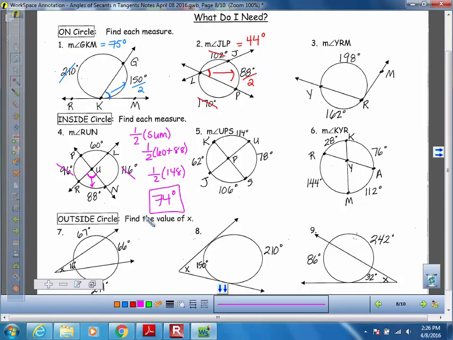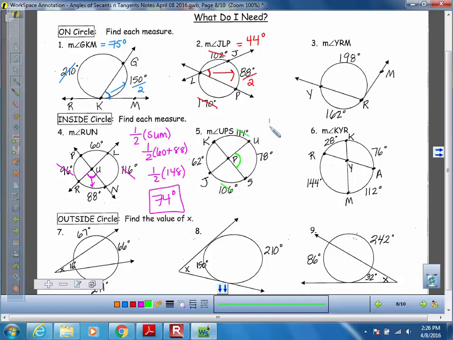Is everybody with me so far? No questions? Okay. Let's look at angle UPS. So UPS would be this angle measure right here. What 2 angle measures do we not need, Brittany? Right. We do not need arc measure 106 or 114.